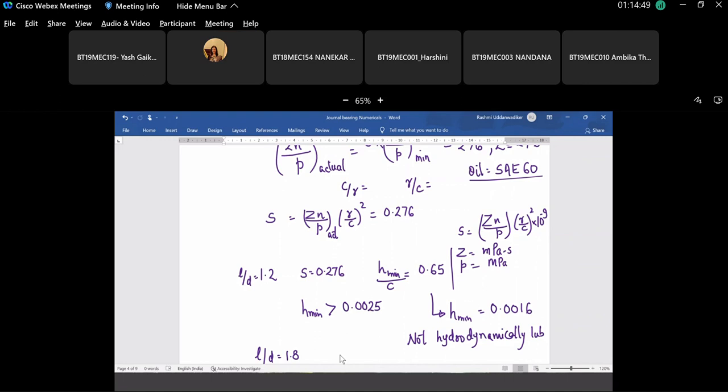For L by D 1.8, what is H minimum you are getting? P is becoming how much? 0.67.